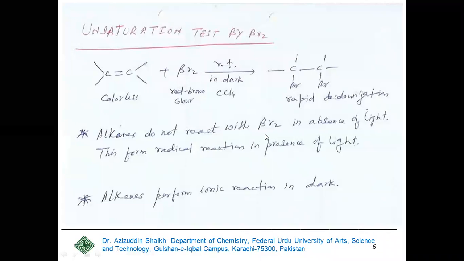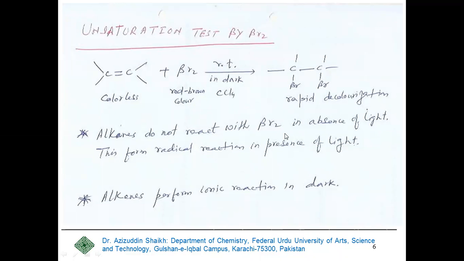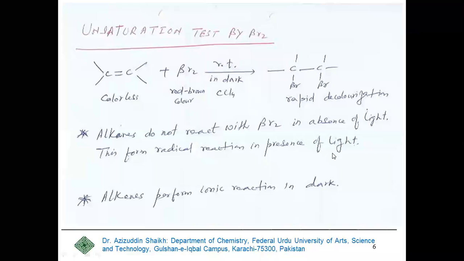Alkanes do not react with bromine in the absence of light. In the presence of light, they perform a radical reaction. You have already studied alkane reactions, halogenation of alkanes. The alkane reacts with halogen in the presence of light; this is the free radical mechanism. But the alkene reacts with halogen in the dark by a polar mechanism.